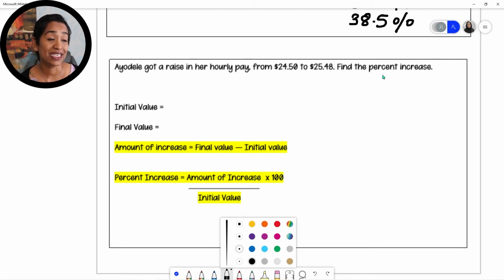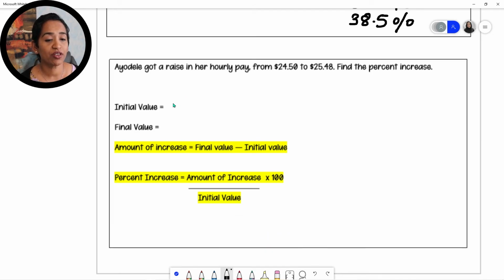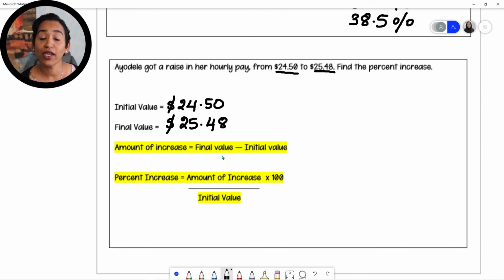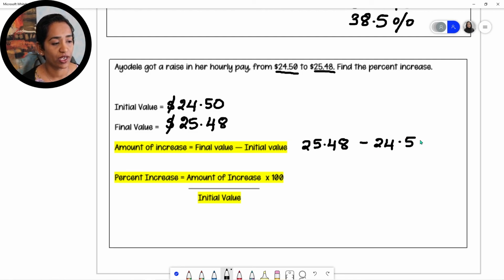They're asking me for the percentage increase. The initial value here is $24.50. The final value, the hourly pay was raised to 25.48. The amount of increase is the final value, 25.48 minus 24.50.